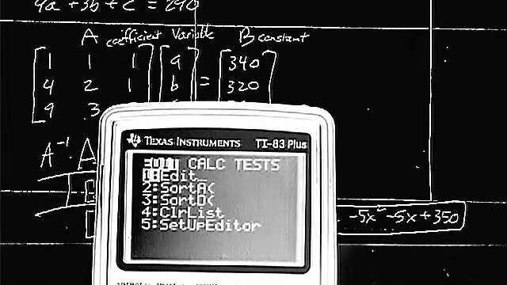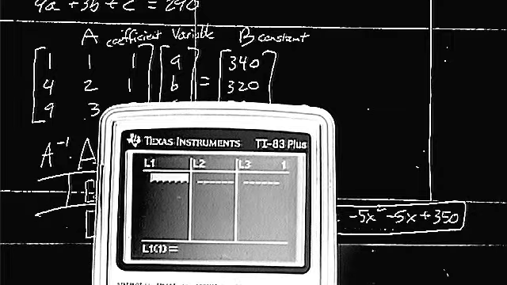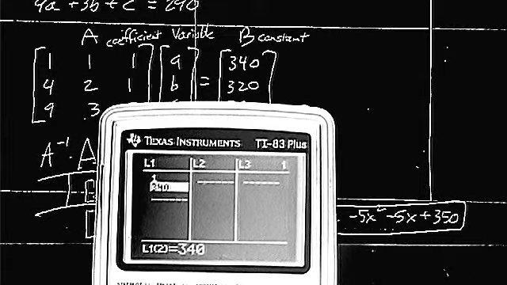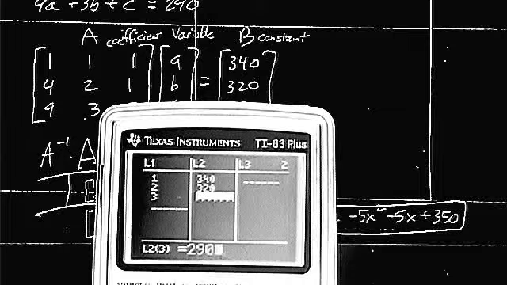You can use your lists. So we had 1, 2, and 3. Those are my x values, and 340, 320, and 290.